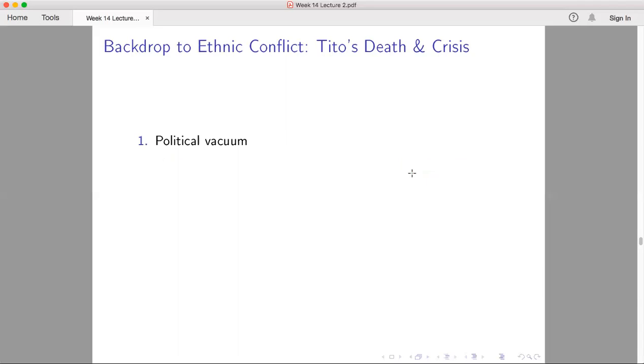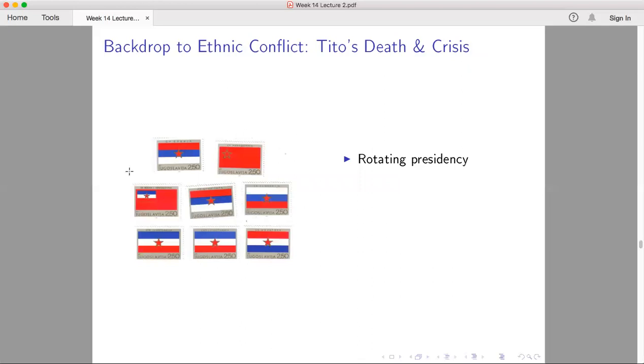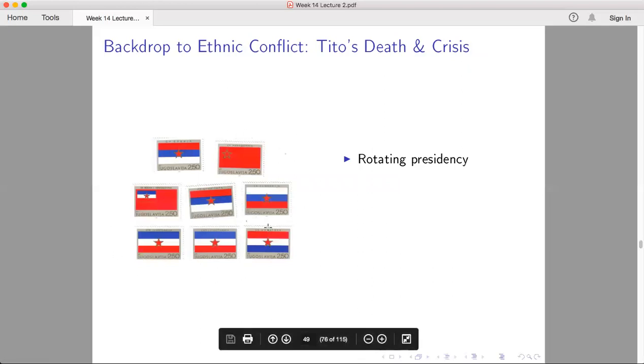Remember that even though there's this kind of presidium, right, this federated presidency, Tito is sitting at the top of it, and he's exercising most of the political power. Once he dies, what we get is a default back to the formal system in place, which is a rotating presidency, right?